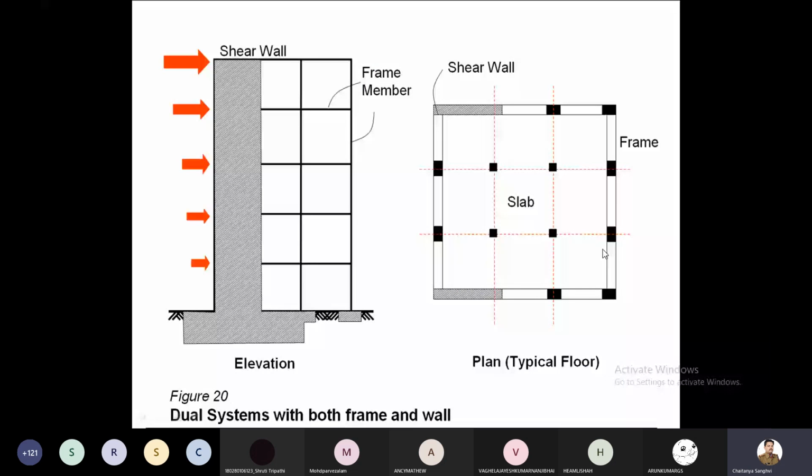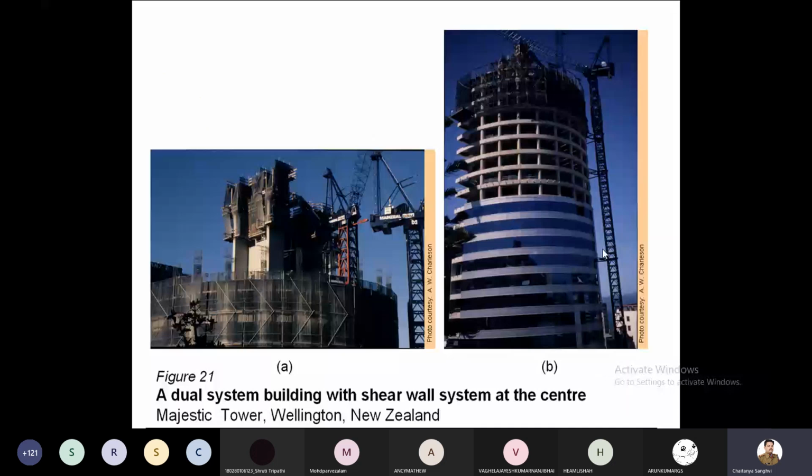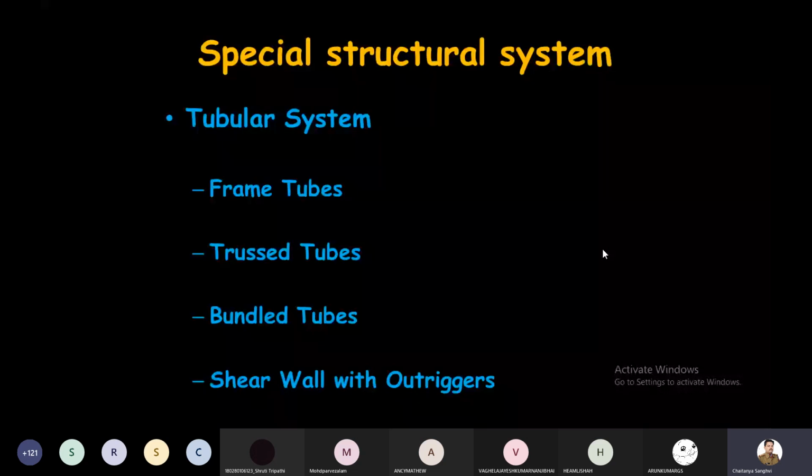So the shear wall will give you the stiffness, and the shear wall will also resist the lateral load. The lateral load on the column is shared by the shear wall. This is the construction, and then we talk about the tubular systems. These are systems, but we are not going to discuss this part.